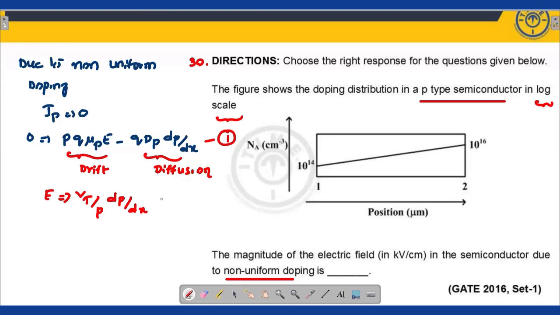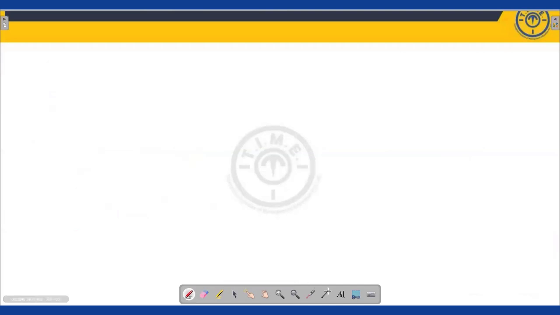Already I told you the formula for Dp by mu p equal to Vt. This I also told you in your last class. We have already done some problems, and also p equal to Na. So substitute here in terms of this one. Now I will do this particular problem next.